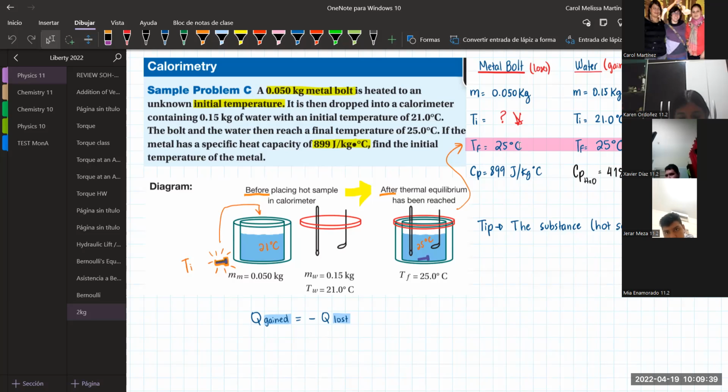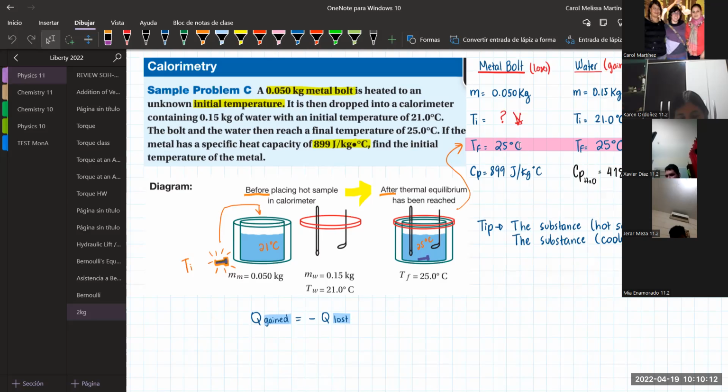Okay, the hotter substance is going to be the one that is losing energy. And the substance that is cooler is the one that is going to gain energy. So let's analyze this problem.